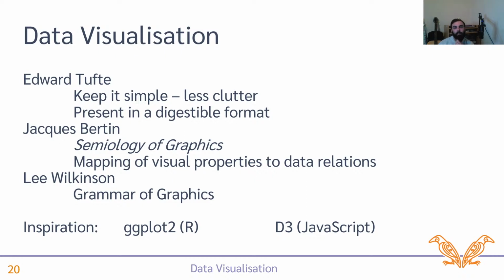So one is Jacques Bertin's semiology of graphics, which is a fancy way of talking about mapping visual properties to data relations, and then later Lee Wilkinson's grammar of graphics. And these are kind of taking a step back and developing frameworks in a more general linguistic sense for talking about data visualization and actually doing them.